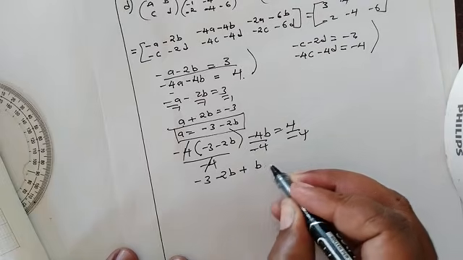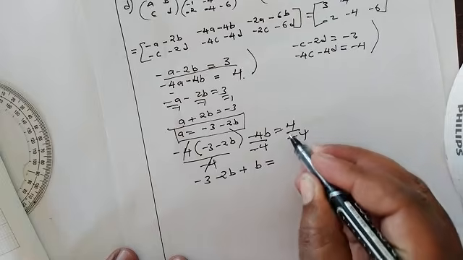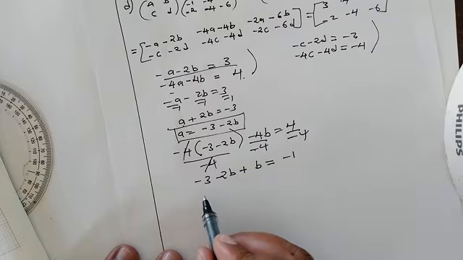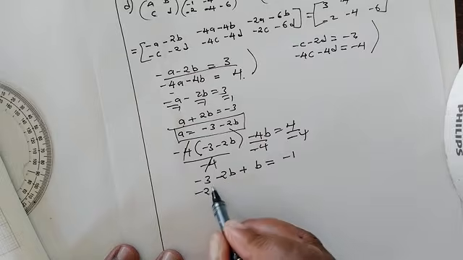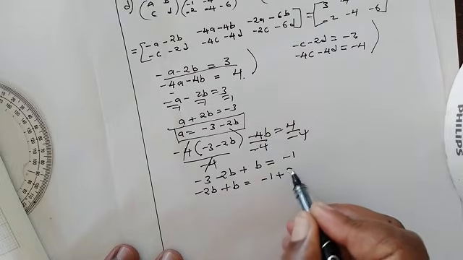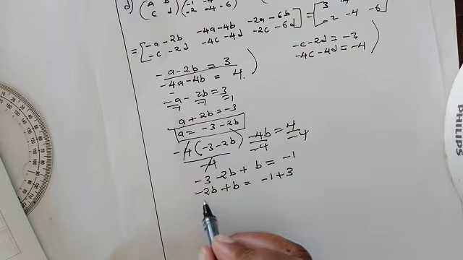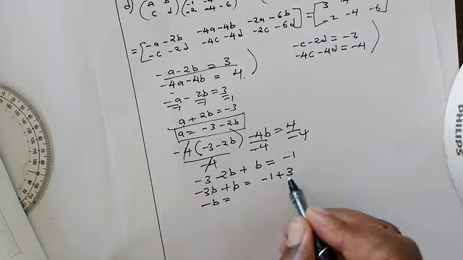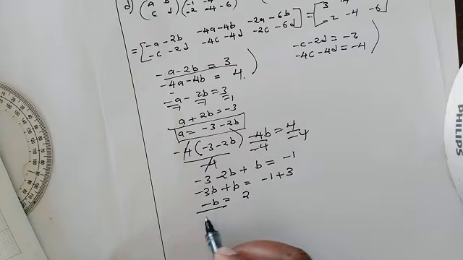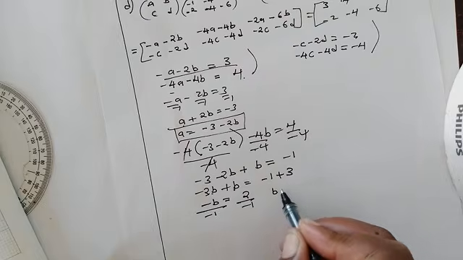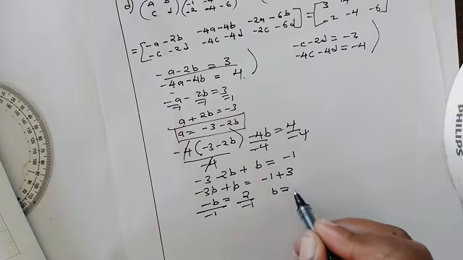B is equal to, this into that is -1. So we are going to say -2B plus B, -1 plus 3. So -2B plus B to be -B is equal to 2. Divide by -1. So my B is equal to -2.